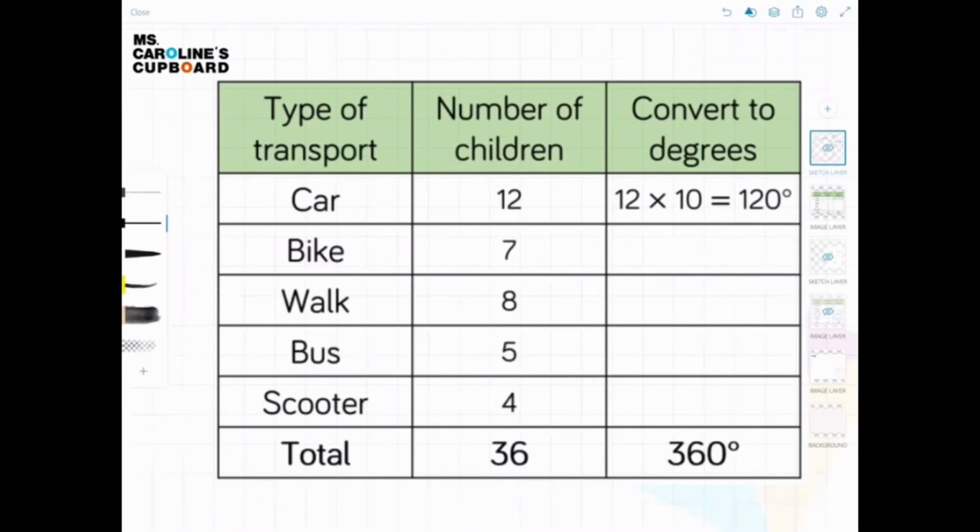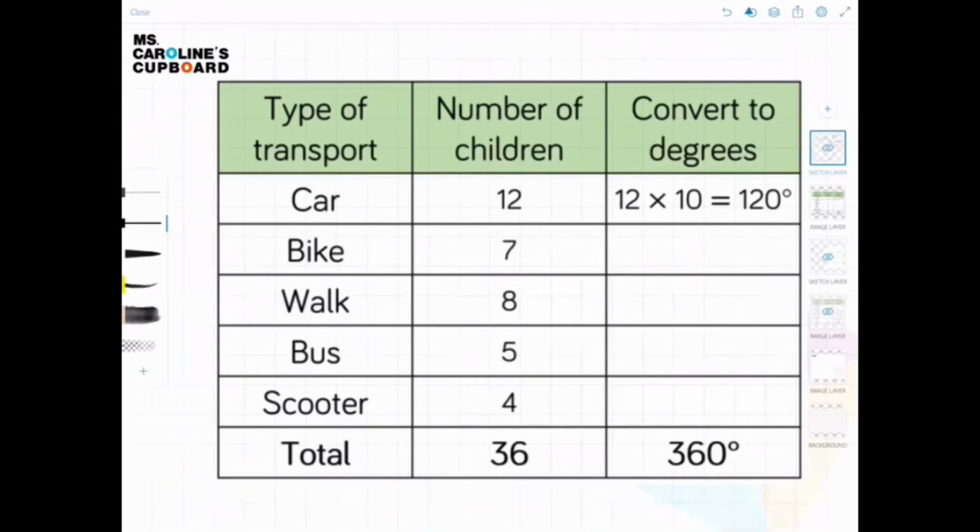So let's talk through that again. We have our number of children, which is 12. We have to then convert that into degrees so we can show it on our pie chart. So in order to convert it to the degrees, we need to multiply 12 by how many degrees each child is worth. And we know that each child is worth 10 degrees.